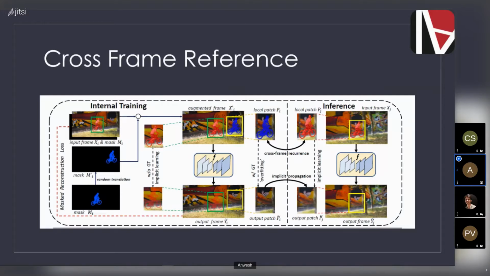Now let's understand what cross frame reference is. We will now look at three different observations that the authors made, the first of which is cross frame reference. I would like you to look at the right side of the image. You can see local patch P1, local patch Pj, and then they have the output patches under them, and then they have the inference.